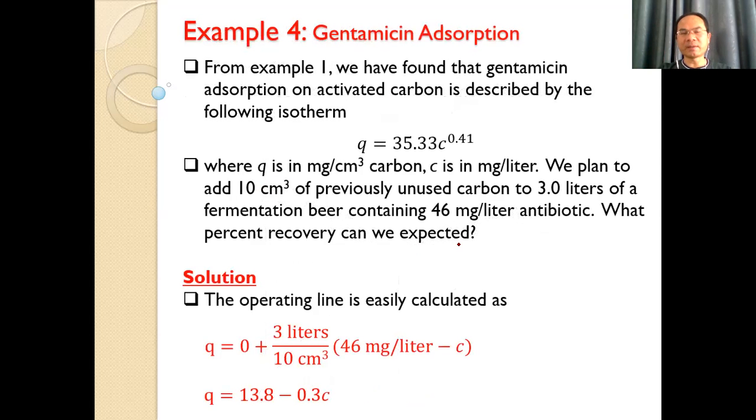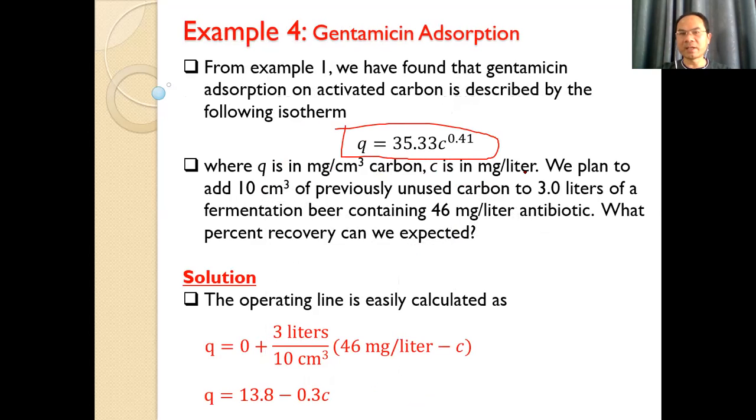For example, for this case, gentamicin adsorption. From the first example, we have found that the gentamicin adsorption follows the Langmuir, the Freundlich isotherm, like this equation. Q is milligram per cubic centimeter of carbon, C is milligram per liter of solution.